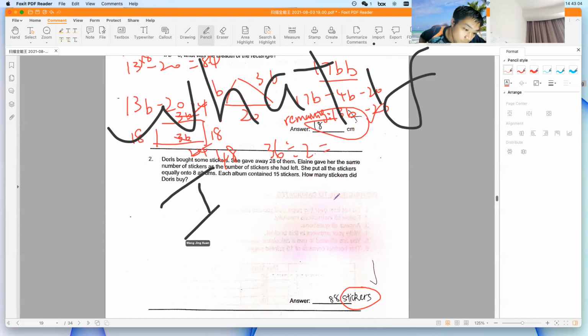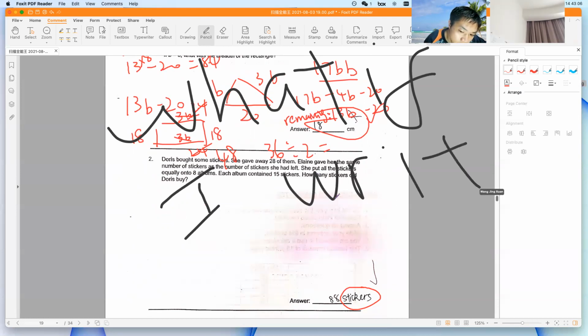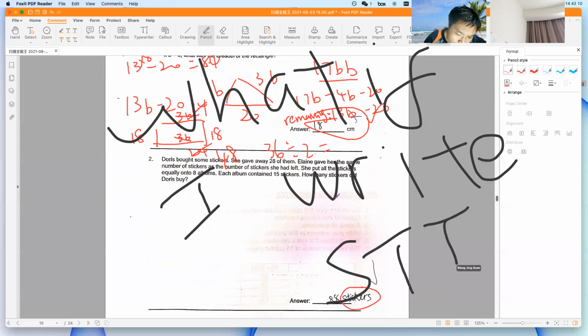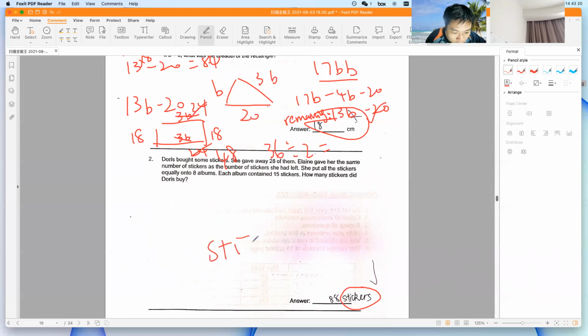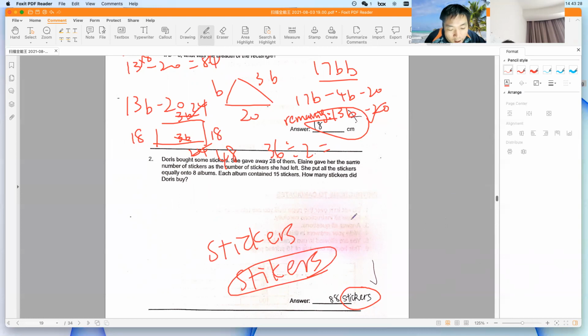What if I write? Are you saying your spelling is wrong? Yeah, so your step, that means sticker should be this one, right? Then you say you are writing this, right? Then okay lah.